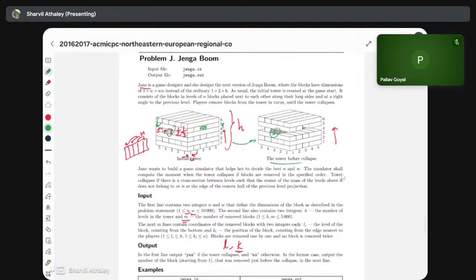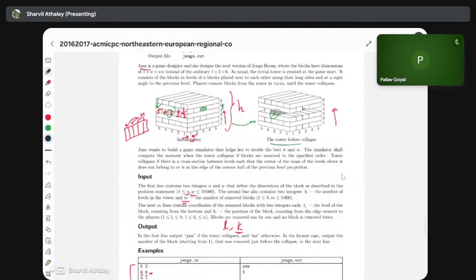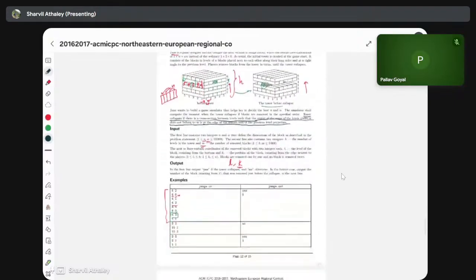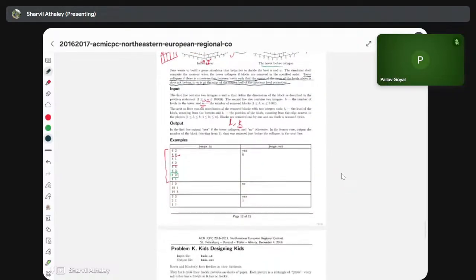So a condition is given that the tower collapses if there is a cross section between levels such that the center of mass of the levels above it does not belong to... one second.